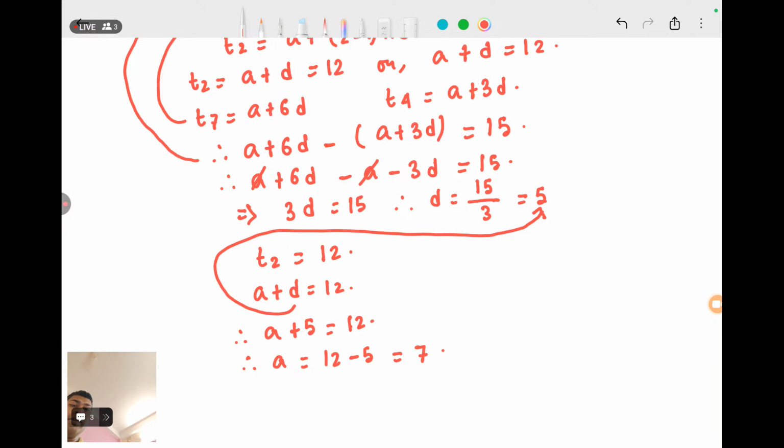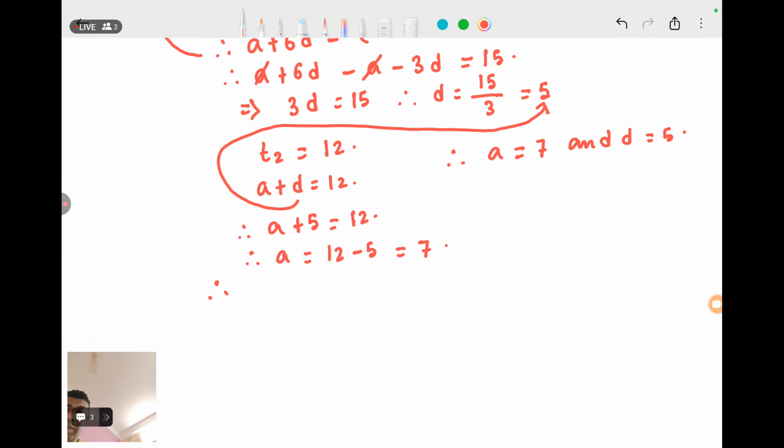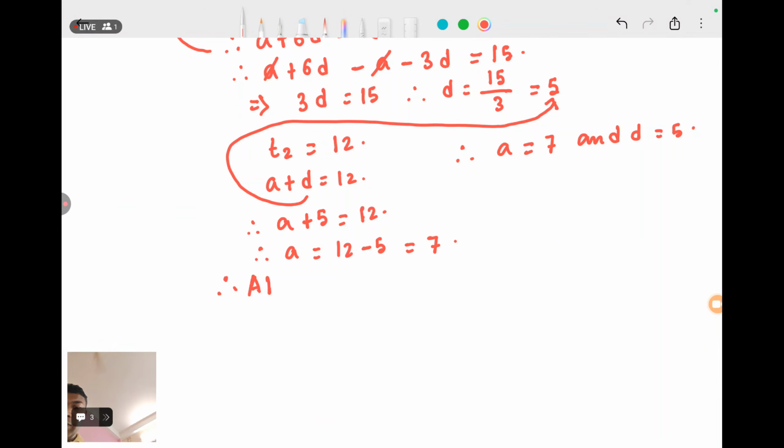Therefore, we have got a is equal to 7 and d is equal to 5. Now we can write the arithmetic progression. The arithmetic progression of this problem will be a, a plus d, a plus 2d, a plus 3d.